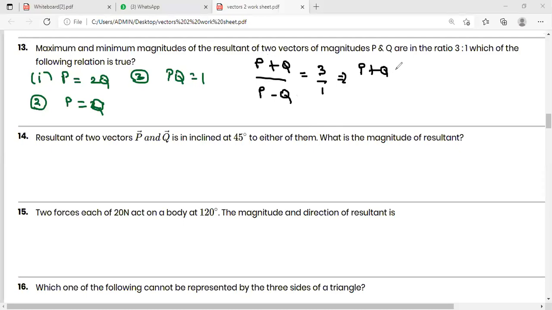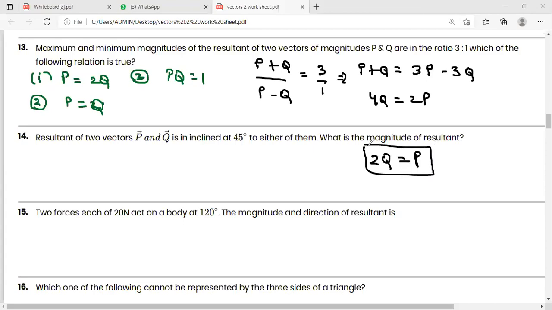P plus Q equal to 3P minus 3Q. Then, when 3Q comes to this side, 4Q equal to 2P. Then 2 and 2 will get cancelled. 2Q equal to P. So P equal to 2Q only, na? Simply the answer is the first option.